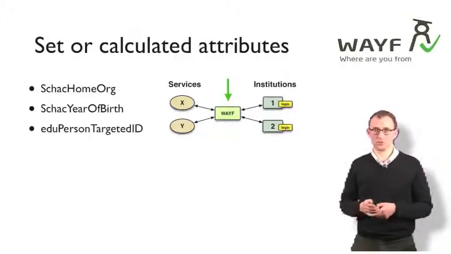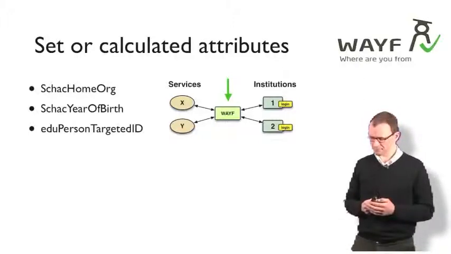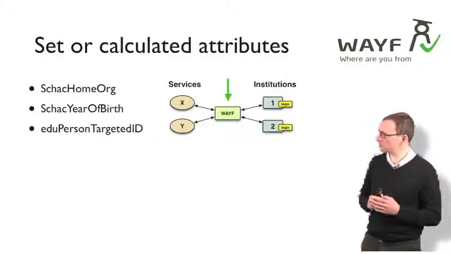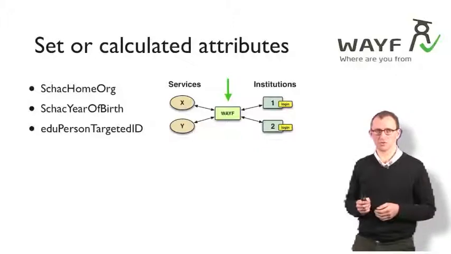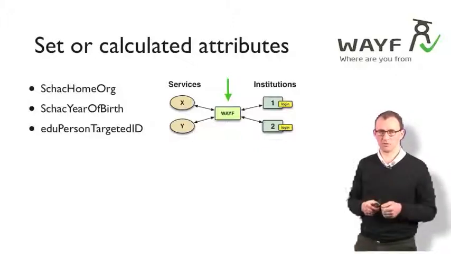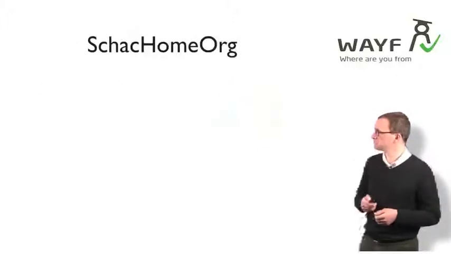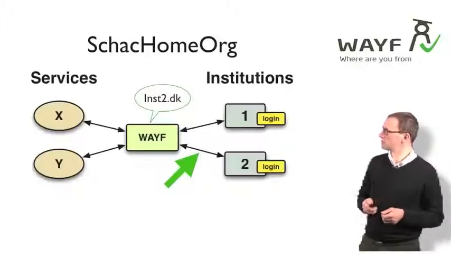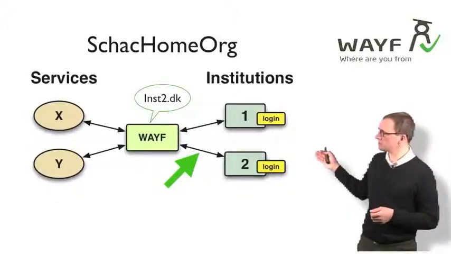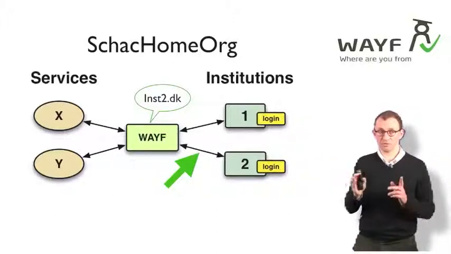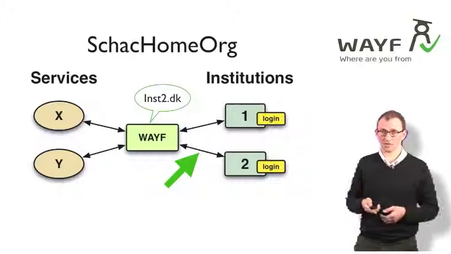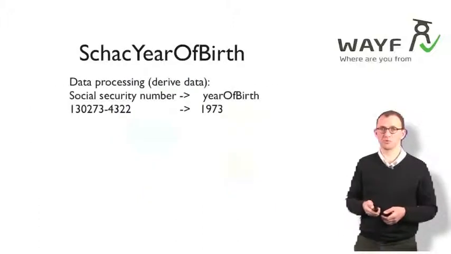Or we may generate an attribute like eduPersonTargetedID, which is a pseudonym, and you can see what pseudonyms are used for in one of the other presentations on this site. The schacHomeOrganization, as I mentioned, is simply just a statement about where the data came from. Very useful in many contexts and highly used by many service providers.